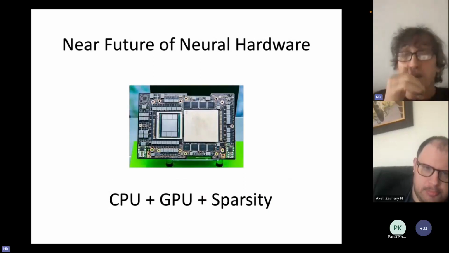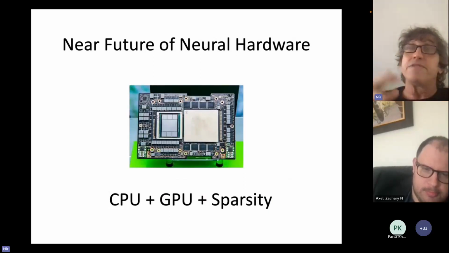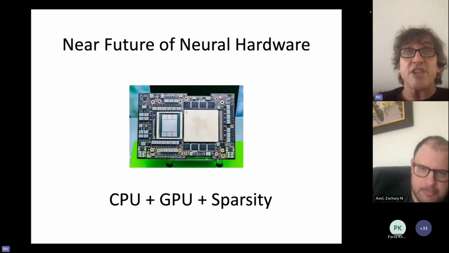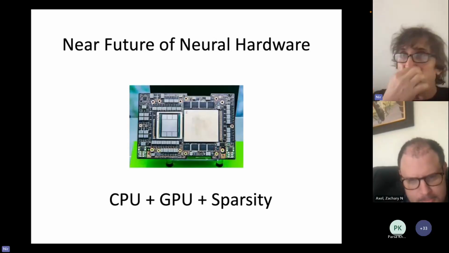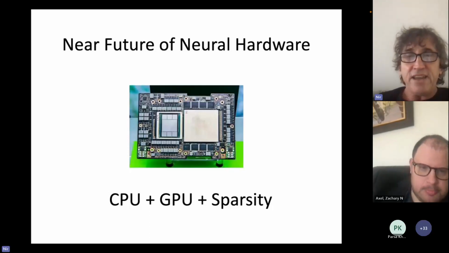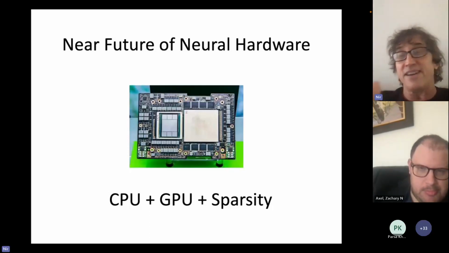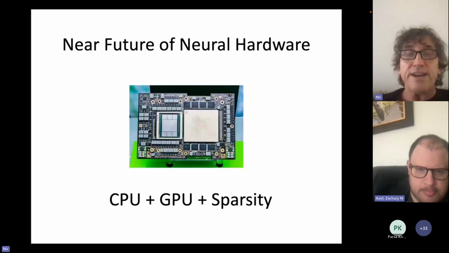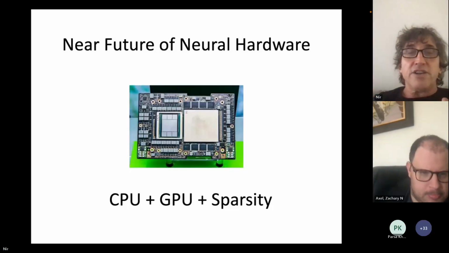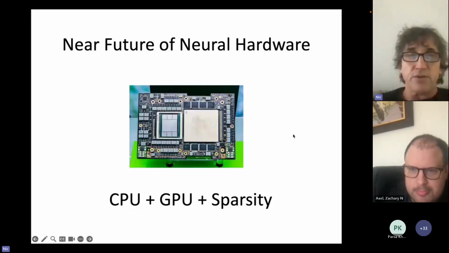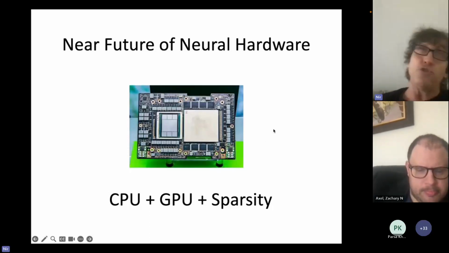And what will the near future look like? This is not the very far future of a brain-like computing device, and not the current day, but maybe the day in the coming years. What we're going to see are devices that are a combination of CPUs and GPUs. This is an image of the Grace Hopper chip from NVIDIA, the H200.